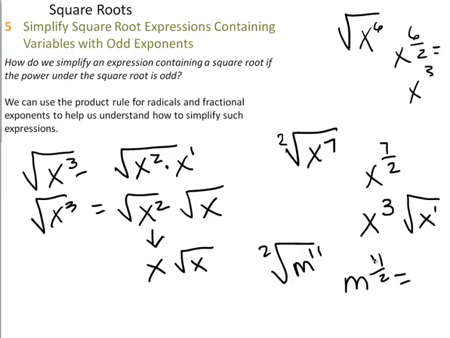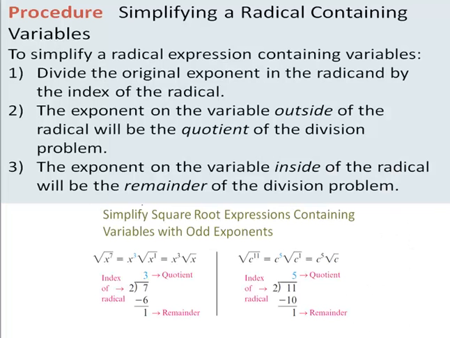And 2 goes into 11 5 times, and it leaves behind just 1. So 2 times 5 is 10, and 10 plus 1 is 11. This will make more sense as we have some more practice with it.